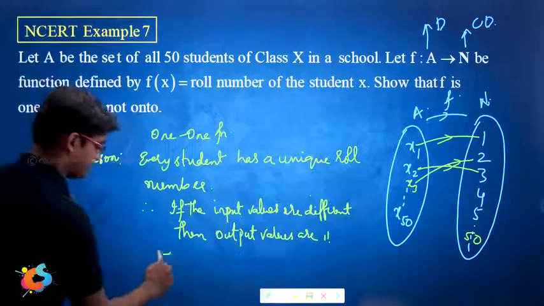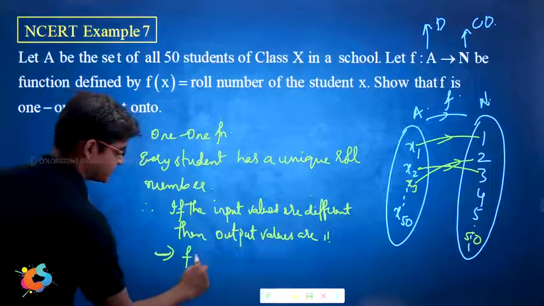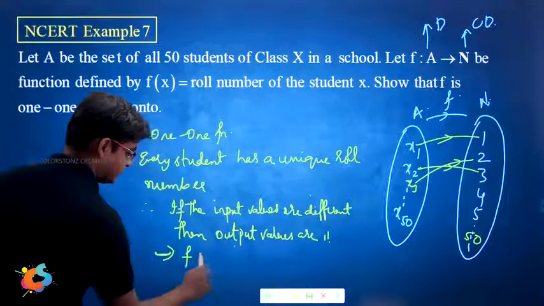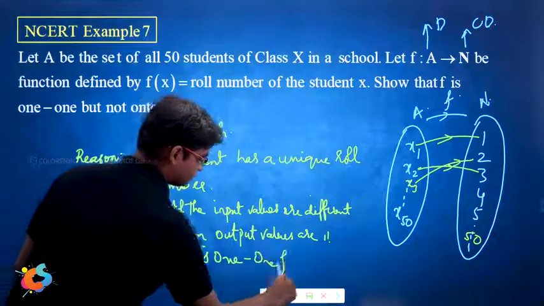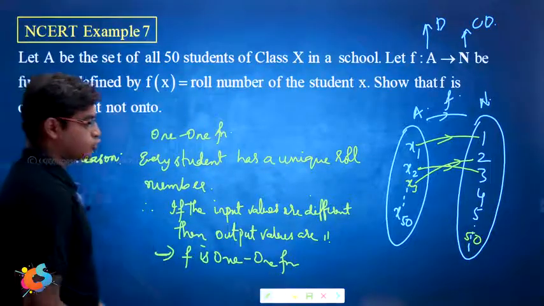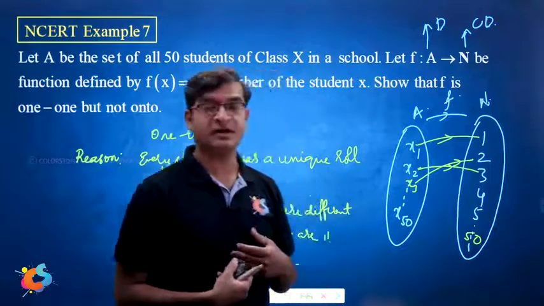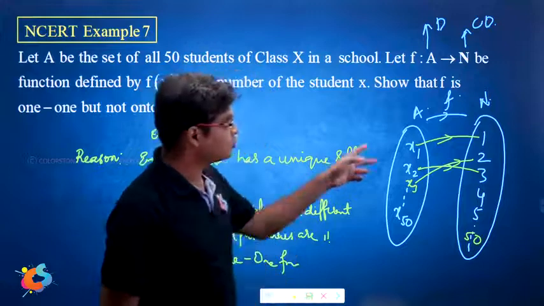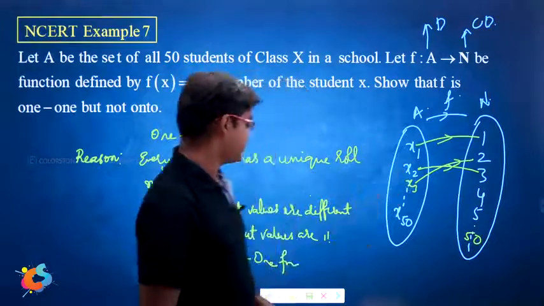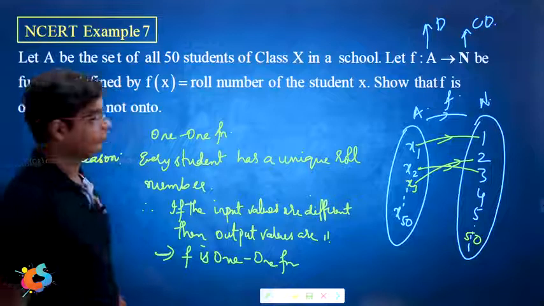This is what says that f is a one-one function. So if you are giving different students to this function, it will give you different roll numbers. There is no sharing of the images. So therefore this is a one-one function.